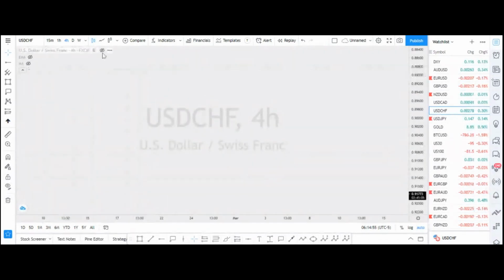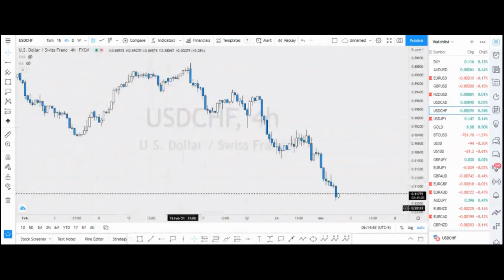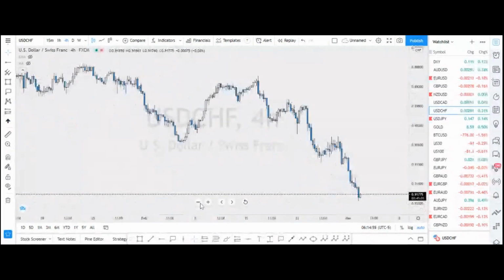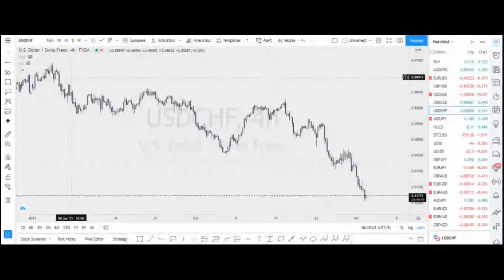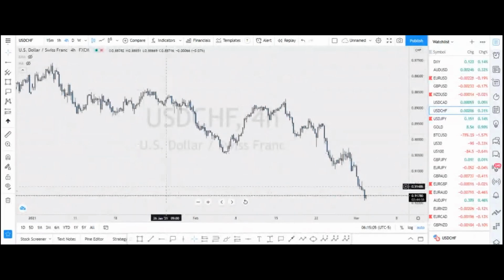Now, all we need to do is look at where we are in price. We are in a downtrend. Do I want to be buying or selling in a downtrend? The response is in the chat box. In a downtrend, I'll be looking for selling opportunities, right?